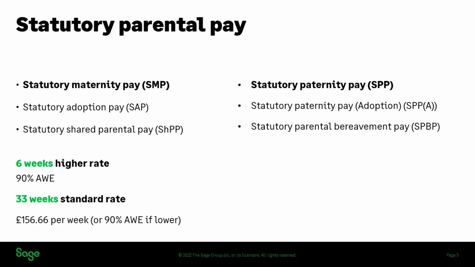So it's a 39-week entitlement if the employee chooses to take the full entitlement, and that applies to both maternity and adoption. Shared parental pay is what you can take if the maternity or adoption is cut short. And as I say, we cover that in our other webinar later this month.